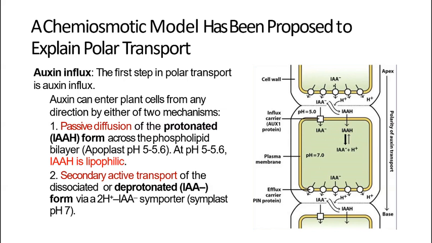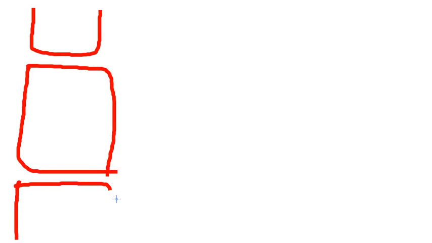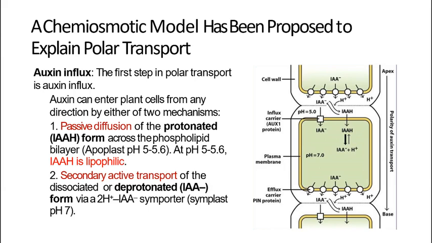So look here at the picture. If I draw, you will understand it better. So if I draw here, this is the preceding cell. This is the cell where I'll show you all the reactions occurring, and this is the following cell.